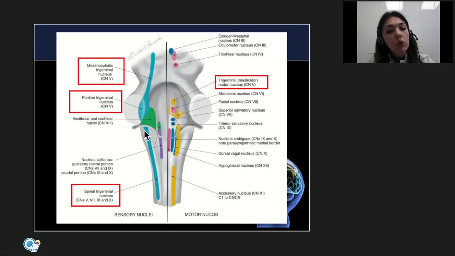The spinal nucleus is projected onto the lower triangle of the rhomboid fossa, laterally from the sulcus limitans. And the motor nucleus of the trigeminal nerve is located in the pons, and it is projected onto the cranial fovea, the uppermost point of the sulcus limitans. I hope that you remember it.